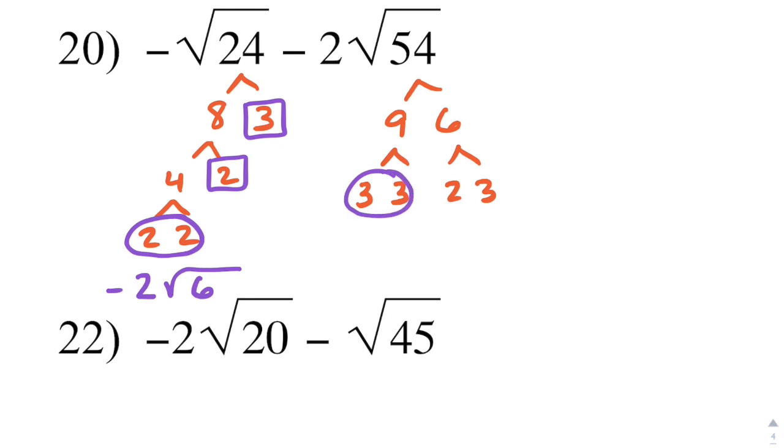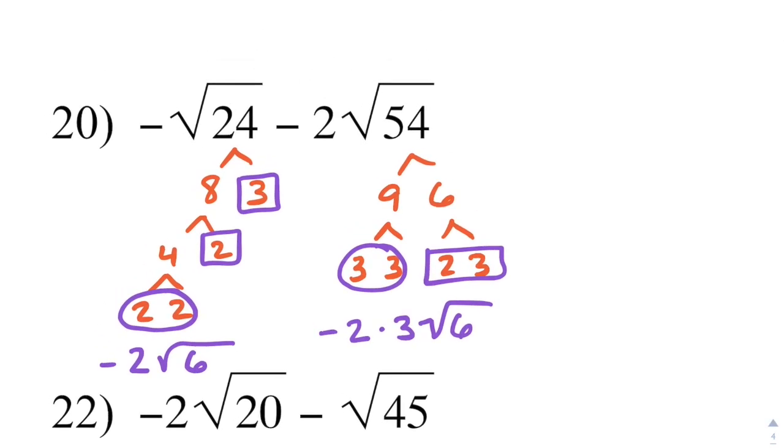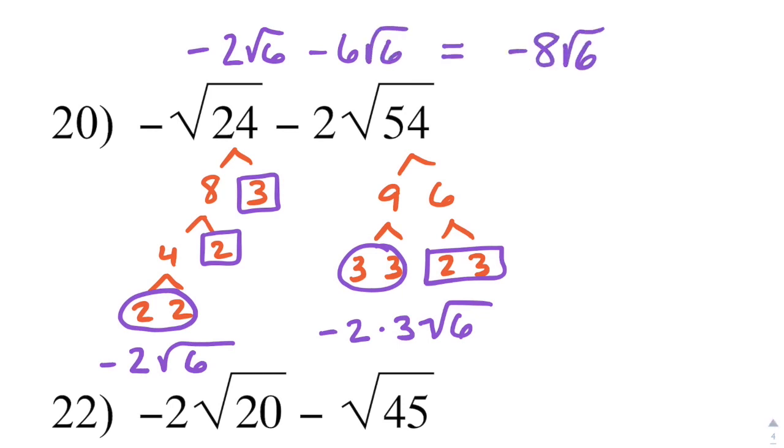Looks like I have negative 2 left, the original negative 2. And I'm going to keep the 3. And these are left over in the radical. So it looks like my final result is going to be negative 2 square roots of 6 minus 6 square roots of 6, which is negative 8 square roots of 6. And I am done.